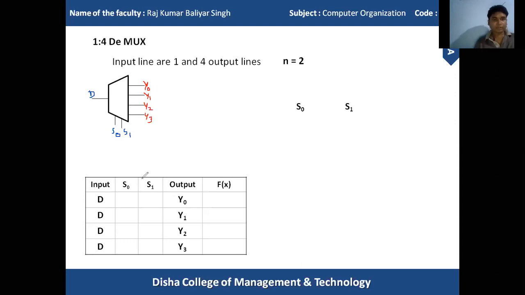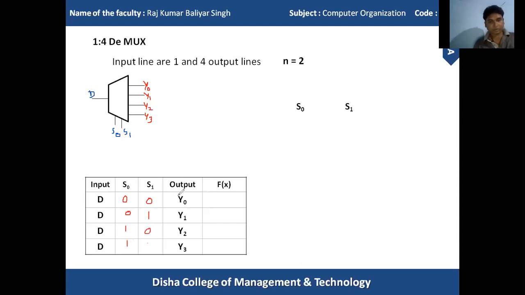Okay, so again this control line has two terminals, so we can have 00, 01, 10 and 11.